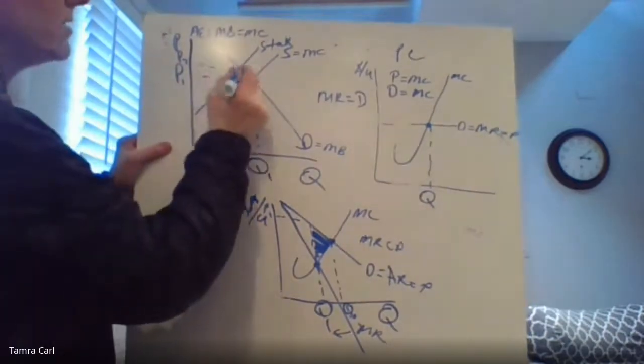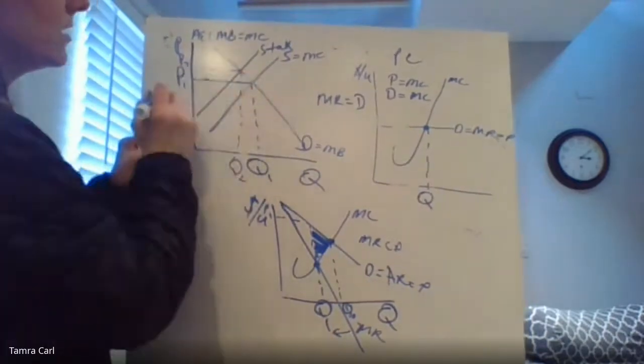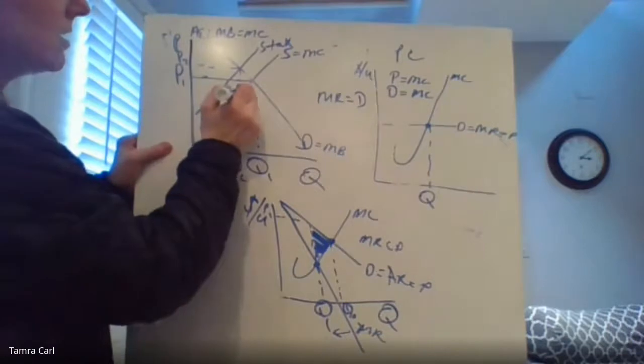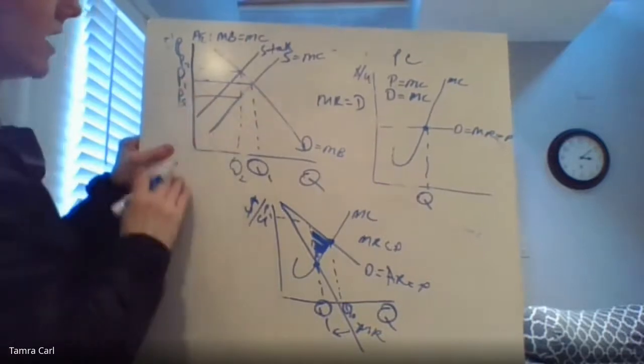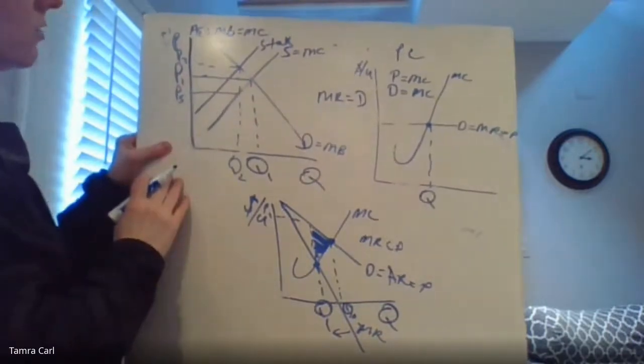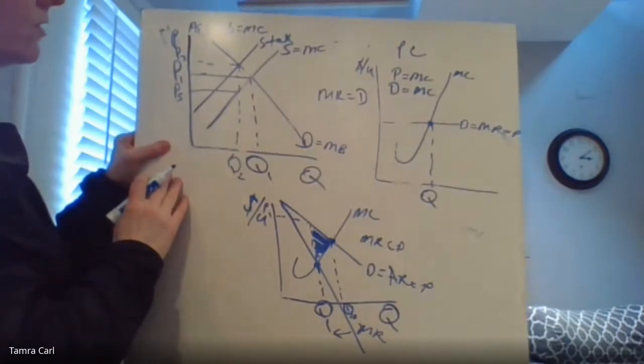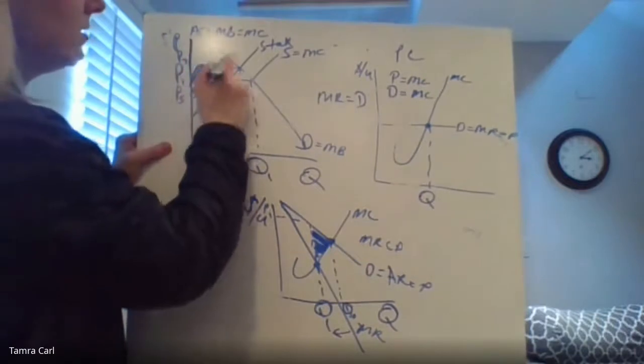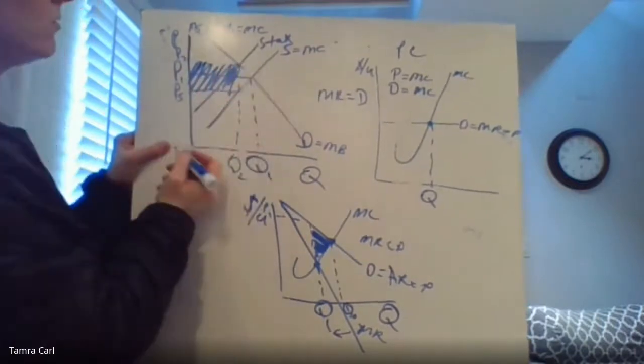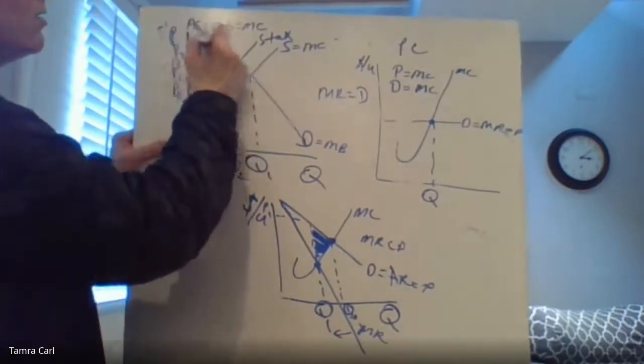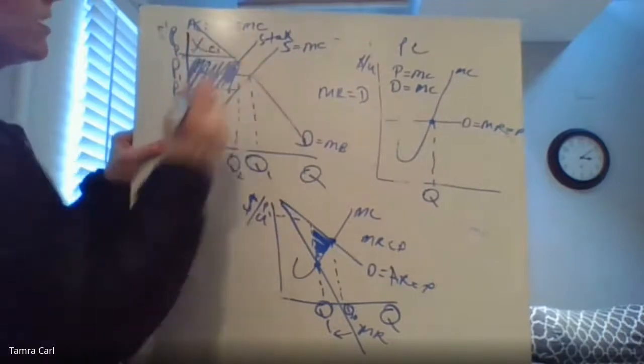This is the amount that the supplier gets. The revenue that goes to the government is this whole box here. This up here is consumer surplus.